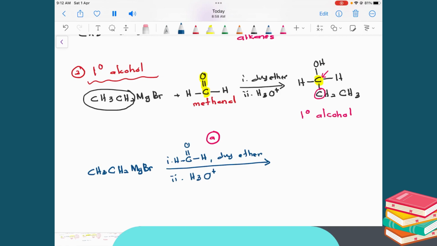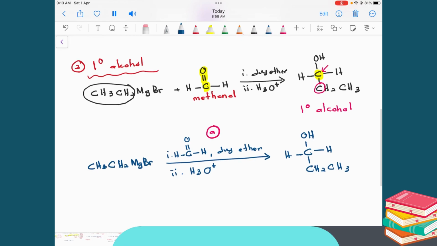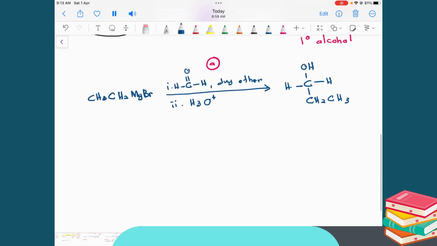Then the product is still the same, where we draw the aldehyde first. You can use any method to write an equation for a Grignard reagent to produce an alcohol or carboxylic acid. Now I will show you how we can prepare a secondary alcohol from a Grignard reagent.